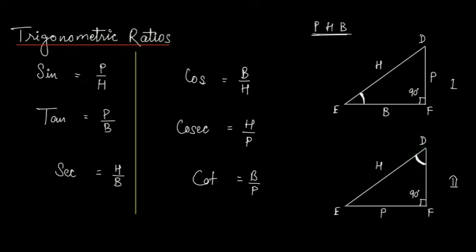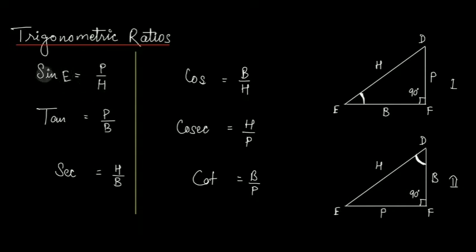For the second triangle, again DE is the hypotenuse, because it is the opposite side of the right angle. Now we are taking angle D. What is the opposite side of angle D? That is EF. So it is the perpendicular, and the remaining third side is the base, that is DF. Got it? First we have decided which are the sides.